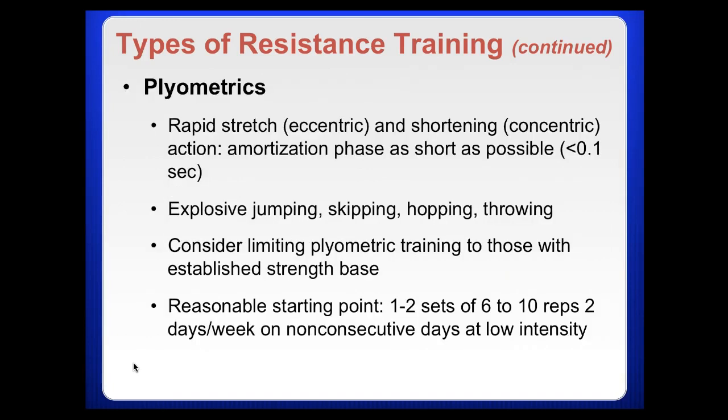Next, we have plyometrics, and we're going to have a whole chapter devoted to plyometrics this quarter. So in general, this was known as jump training. This type of muscle action that takes place is also called the stretch shortening cycle exercise.